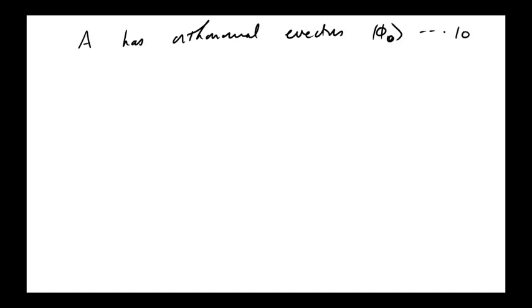Okay, so finally let's do one last thing, which is what we said: A has an orthonormal set of eigenvectors phi naught through phi k minus 1 with real eigenvalues lambda naught through lambda k minus 1.